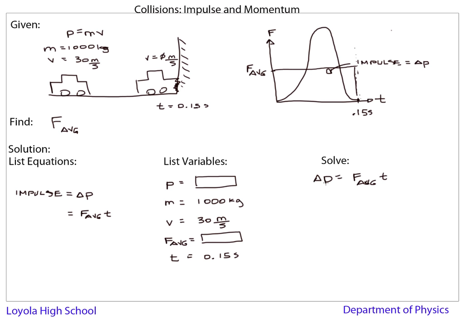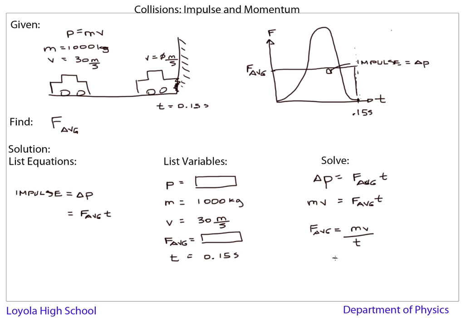And the change in momentum is, we go from an initial value of mv to zero momentum. So I can just put mv there, AVG times time. And so the average force is equal to the mass times velocity divided by the time.